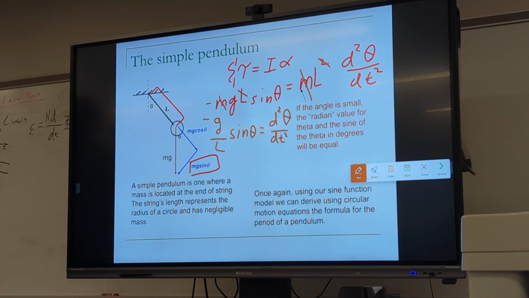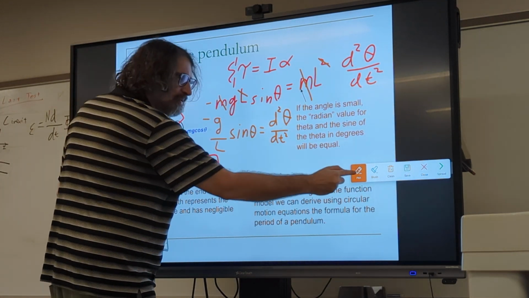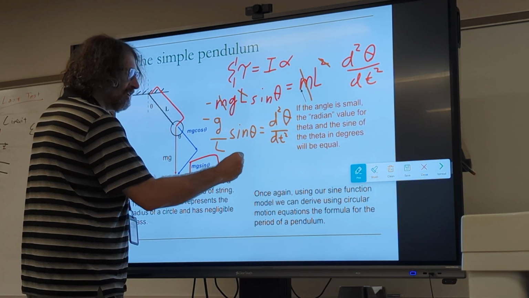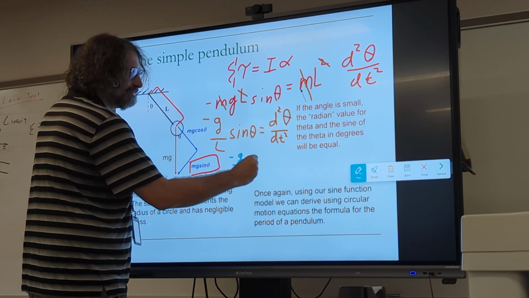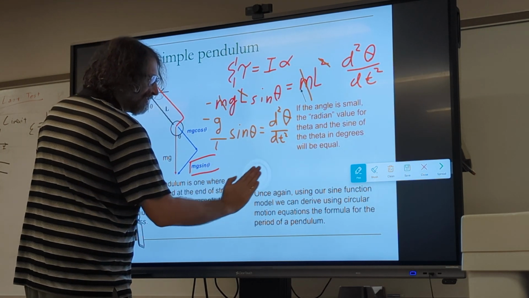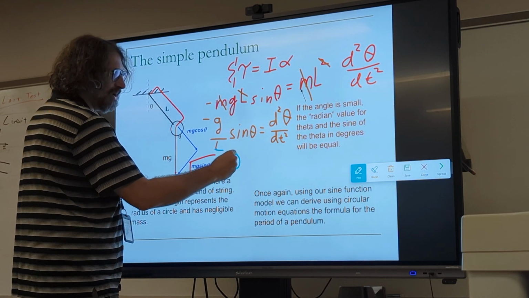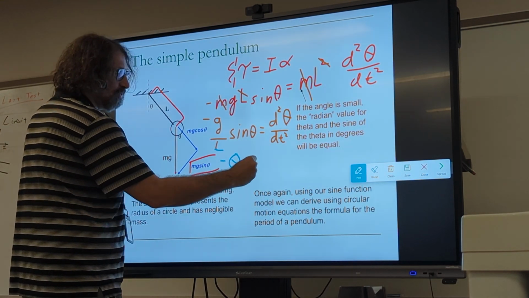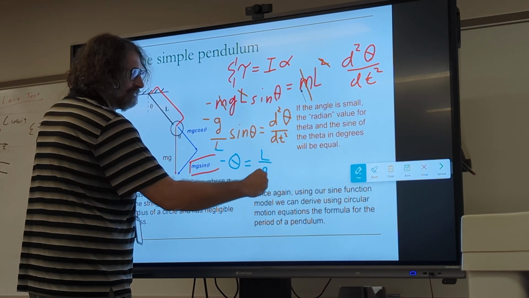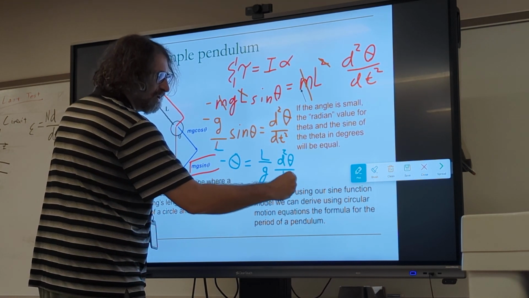So if we ignore all higher order terms and pick the smallest order term of sine, we end up with something called g over L times theta. Actually, I messed up. I'm just going to put here: negative theta is equal to L over g times d squared theta over dt squared.